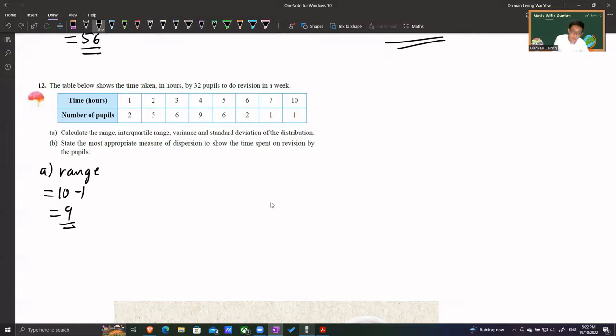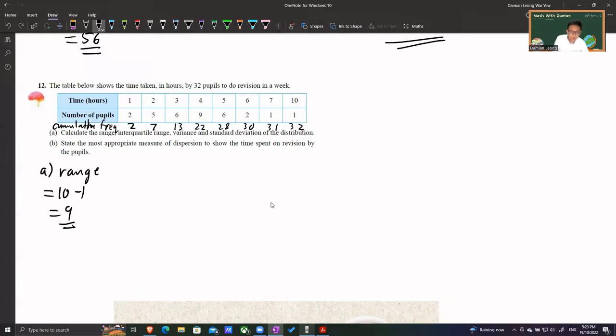Interquartile range, again, we need to use cumulative frequency. So 2 plus 5, 7, 7 plus 6, 13, 13 plus 9, 22, 22 plus 6, 28, 28 plus 2, 30, 30 plus 1, 31, 31 plus 1, 32.